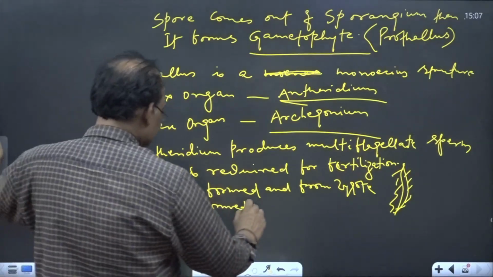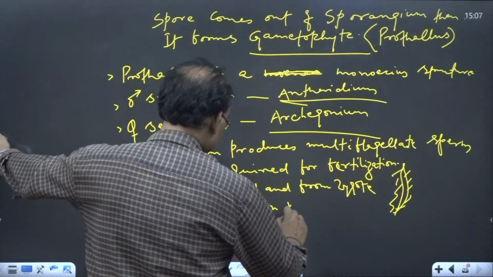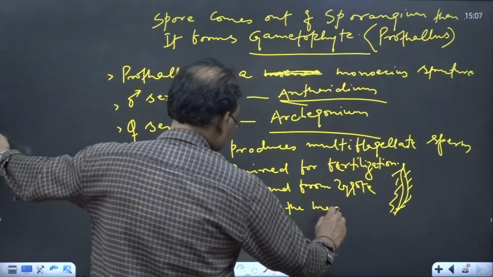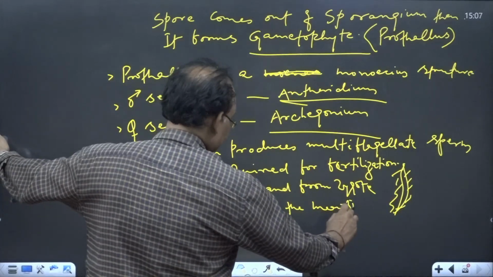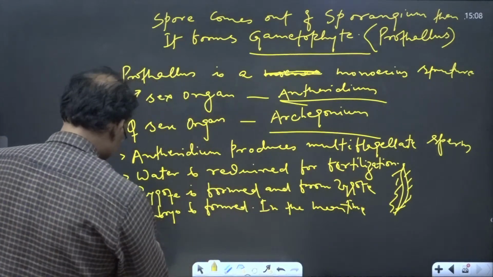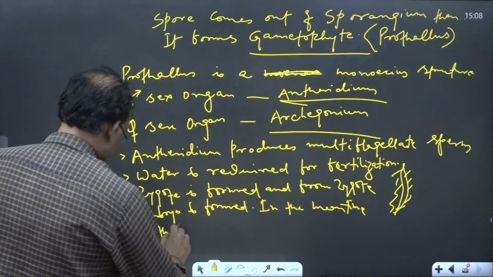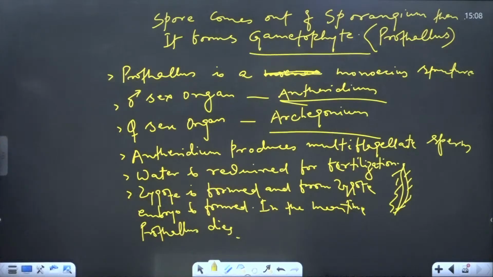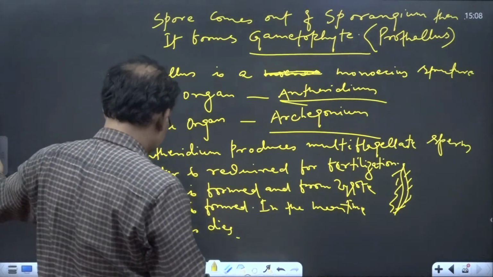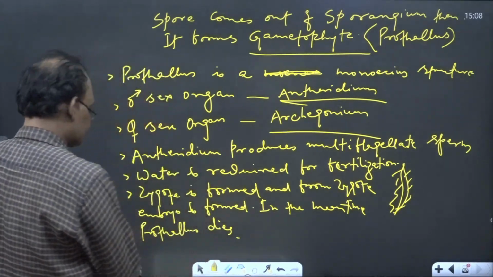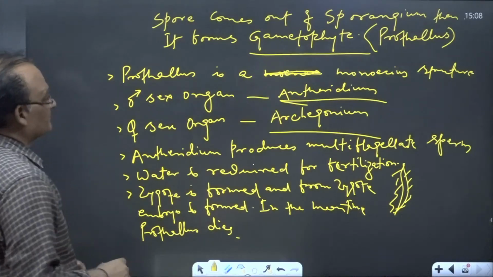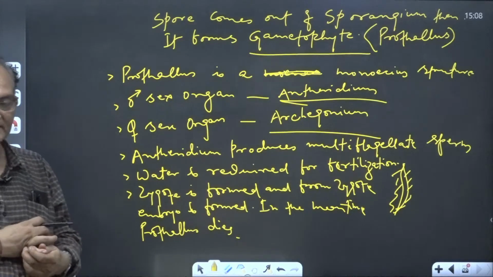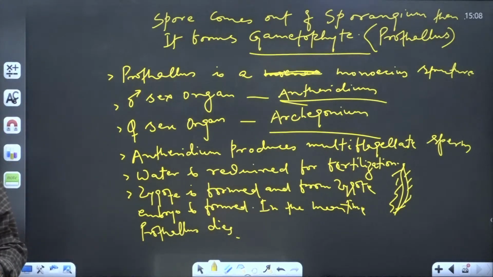In the meantime, prothallus dies. Prothallus dies, right? And then zygote is formed, embryo is formed, and then the new plant originates, right? So this is the life cycle of fern.